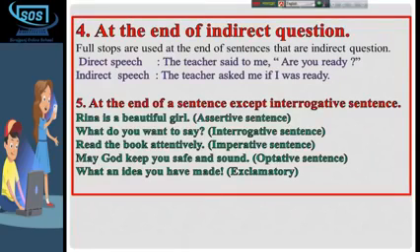At the end of an indirect question, we use full stop. At the end of a sentence, except interrogative sentence, for 4 kinds of sentence, we use full stop, whereas we use question mark in the case of interrogative sentence. So, except interrogative sentence, for other 4 kinds of sentence, we use full stop.